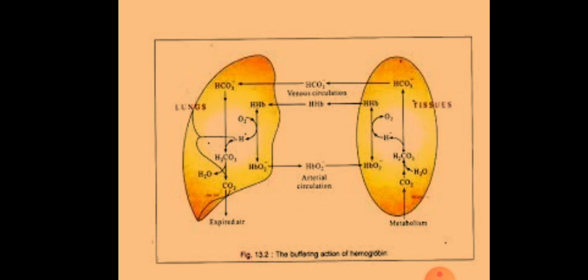This H plus again reacts with the bicarbonate ions which have entered the lungs and forms H2CO3. Now this H2CO3 dissociates into carbon dioxide and water. So this carbon dioxide can be exhaled through the lungs. Thereby the excess acidity which can contribute to the blood pH is removed from the body by this hemoglobin buffer system.